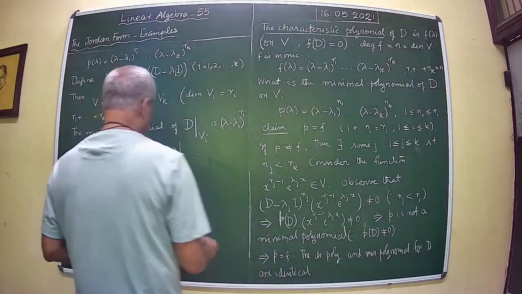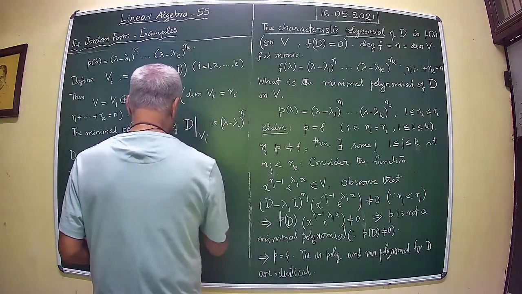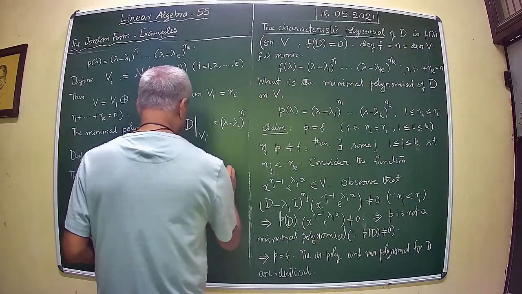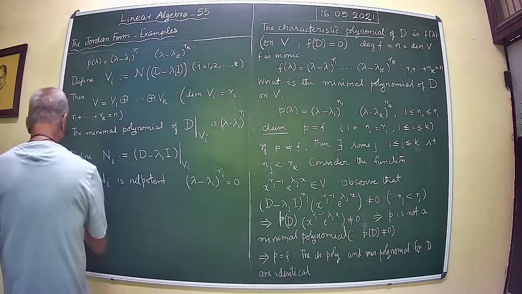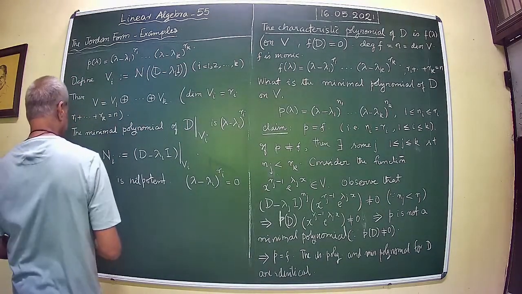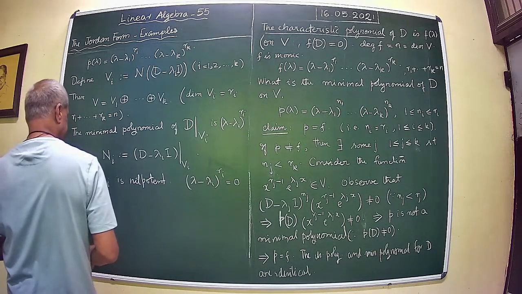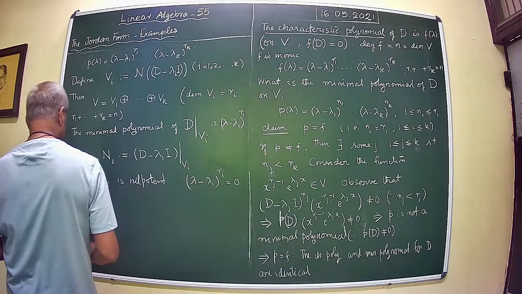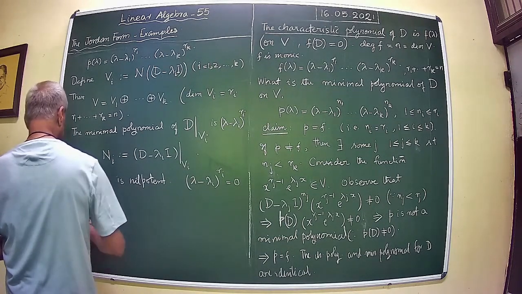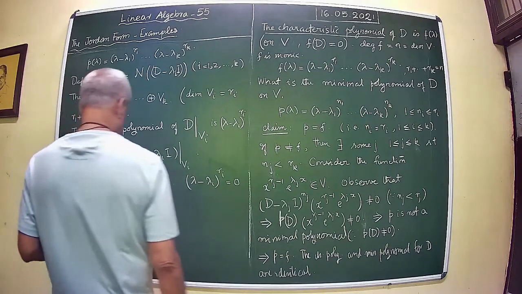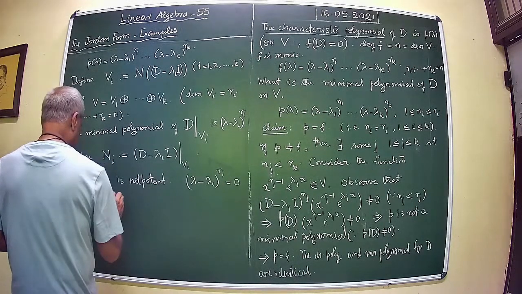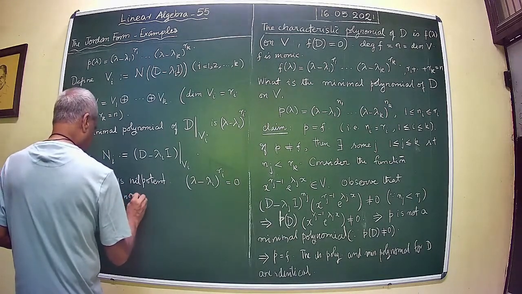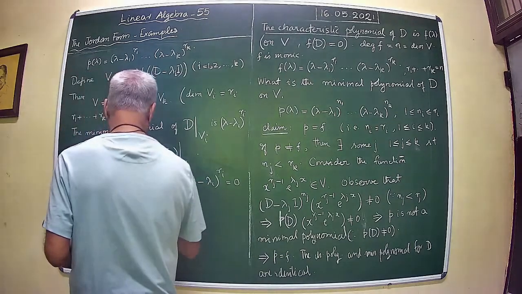The reason is that you have lambda minus lambda I to the power Ri equal to 0, or the characteristic polynomial and the minimal polynomial.